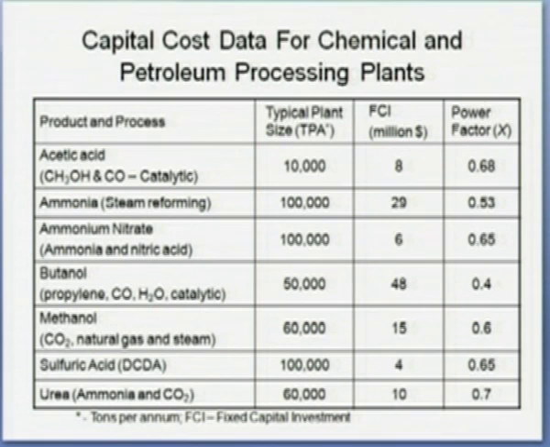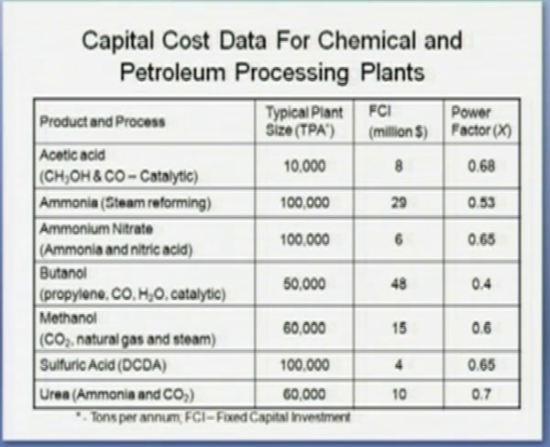Let us say you consider a catalytic process for acetic acid, methanol reacting with carbon monoxide, carbonylation of methanol. The typical size plant is 10,000 tons per annum. The fixed capital investment in million dollars is 8. Of course, this data is from 2002, we have to update it.